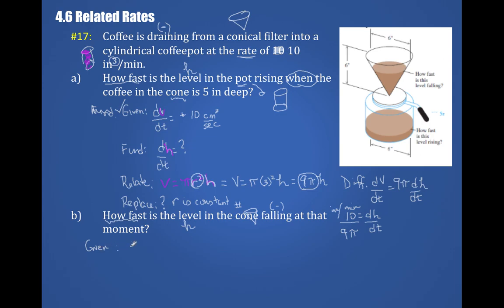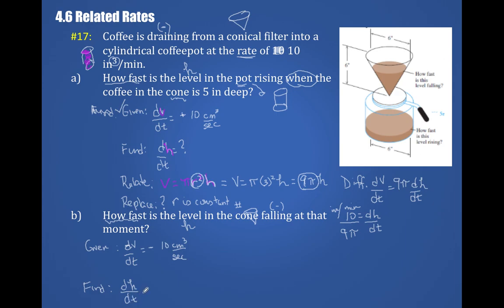I was given the rate of the volume, right? This time it's draining out of the cone. So it's draining this, and they still want me to find the rate of change of height, the level, right?